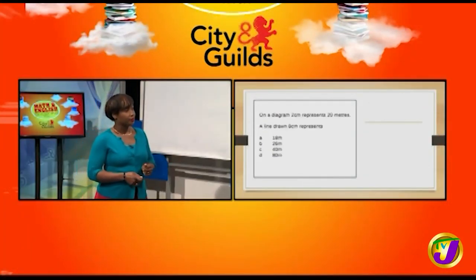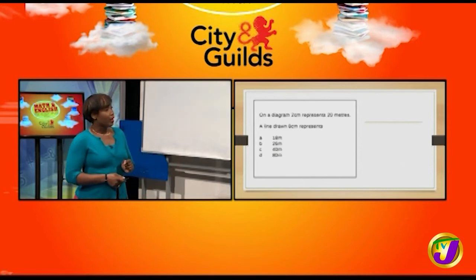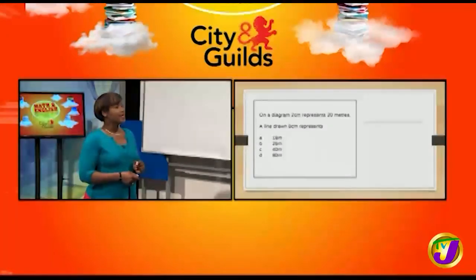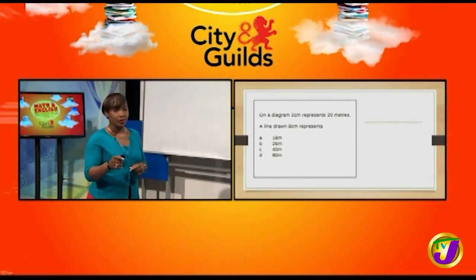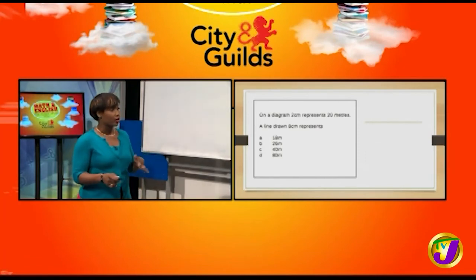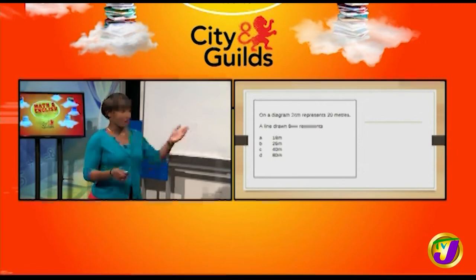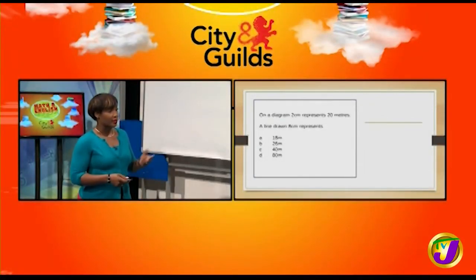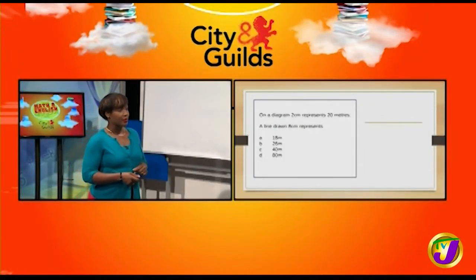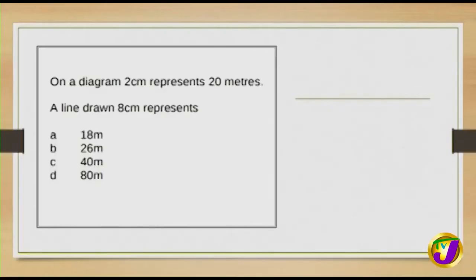All right. So on a diagram, 2 centimeters represents 20 meters. Remember we said we're going to do scale drawing, looking at how to read maps. So this is one of the questions that pertains to that part of the curriculum. On a diagram, 2 centimeters represents 20 meters.